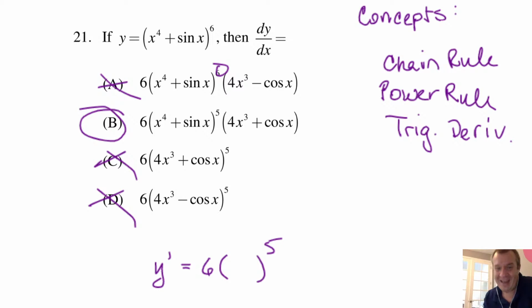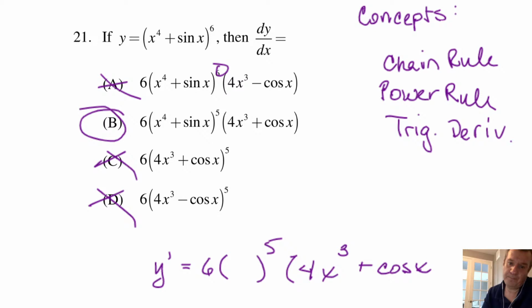But we would now have to find the derivative of the inside function, and that would be with the second parentheses. Power rule, x to the fourth is going to become 4x to the 4 minus 1, and then the derivative of sine is cosine. It's just a lot more friendly when you're looking for ways to incorporate the answers. Just let them tell you how much, or ideally how little, work you'd have to do to get the job done.